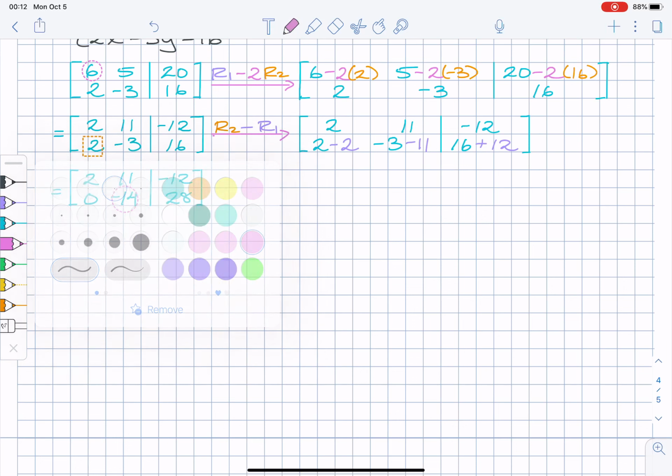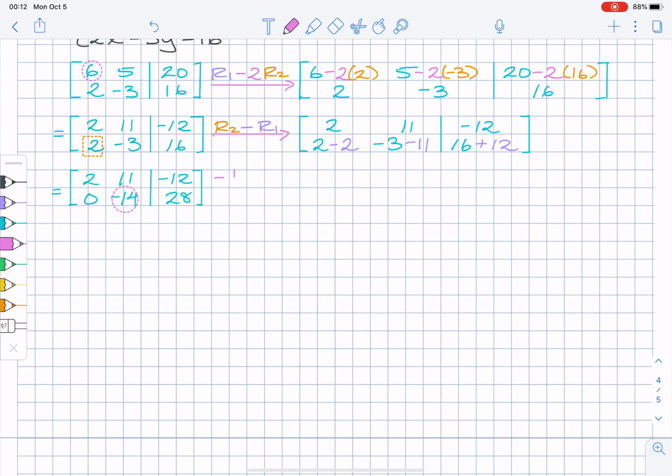If I divide by negative 14, so a negative 1/14 of row 2. So I'm going to take and divide each entry in row 2 by negative 14.